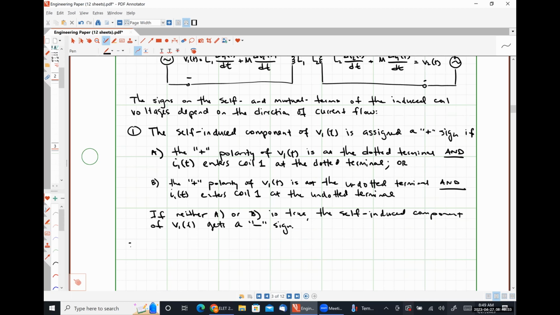All right. So now, since we know what's going on for this self-induced portion, we're going to talk about the mutually induced portion. Okay.